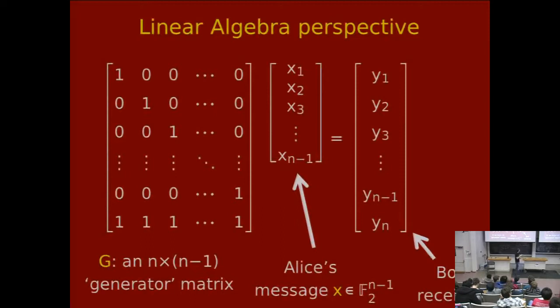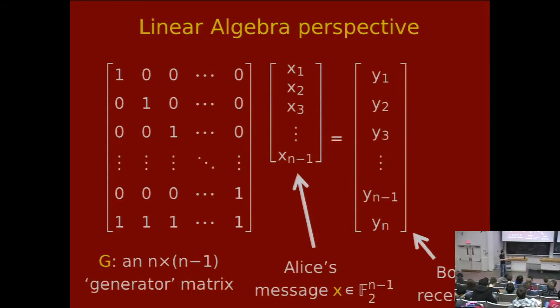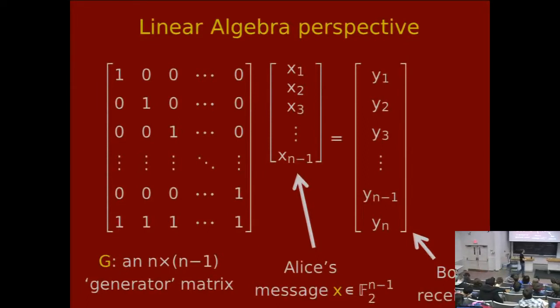You see, if you do G times X, these first n-1 rows will just give you a copy of the message. And this last row means you add up all of the bits, right? That's like tacking on the parity bit. Then Bob will receive some version of this, y1 through yn, possibly with 1 bit corrupted.